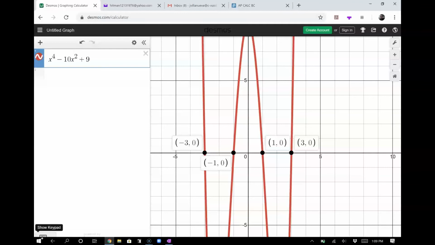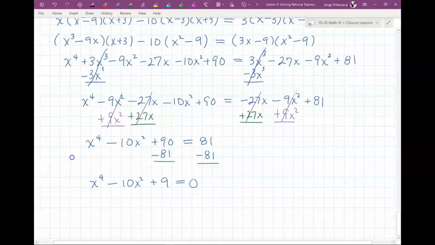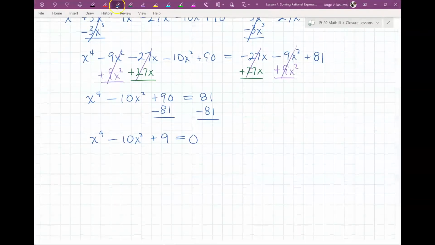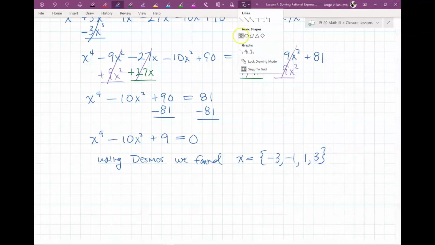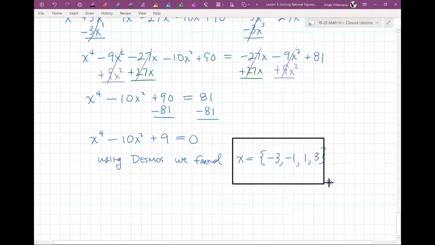So let's go back to this. And I'm just going to put right here, using Desmos, we found that x is going to be -3, -1, 1, and 3. So those are our solutions.